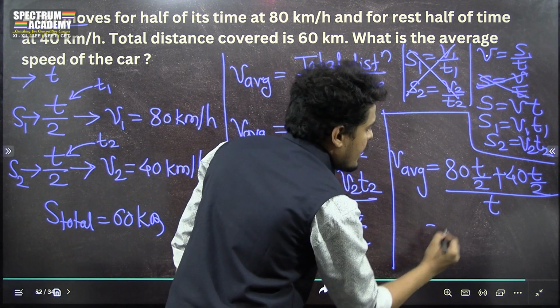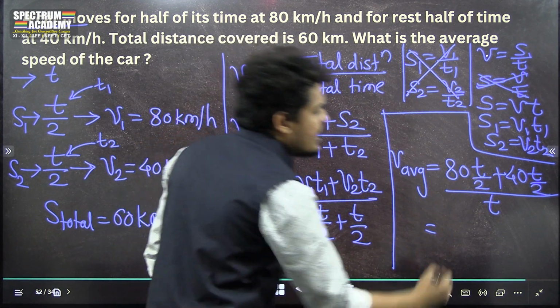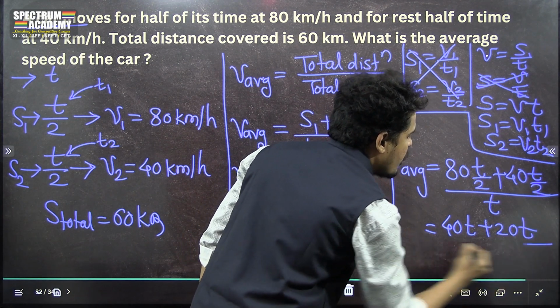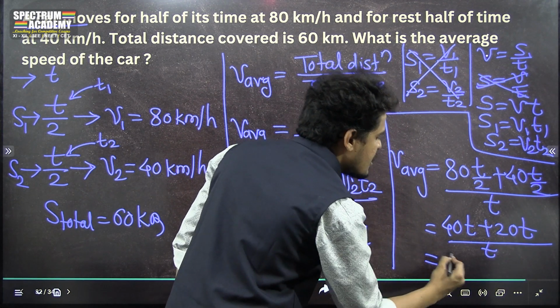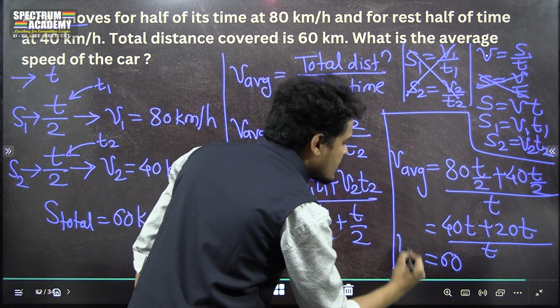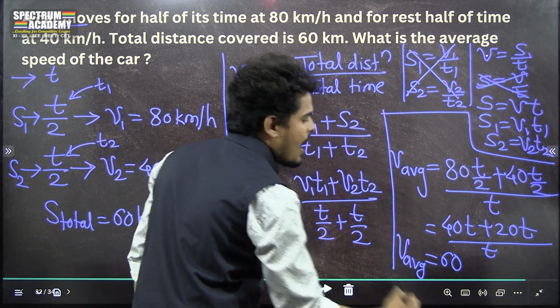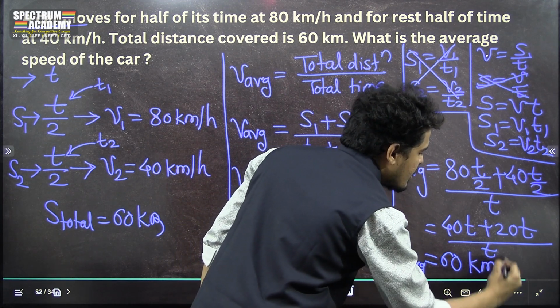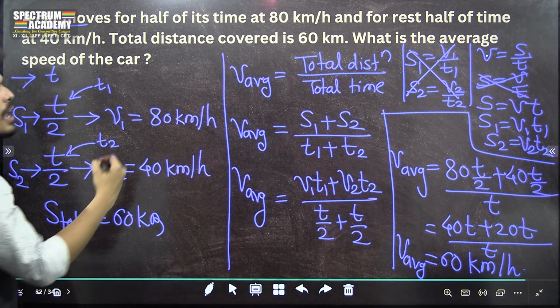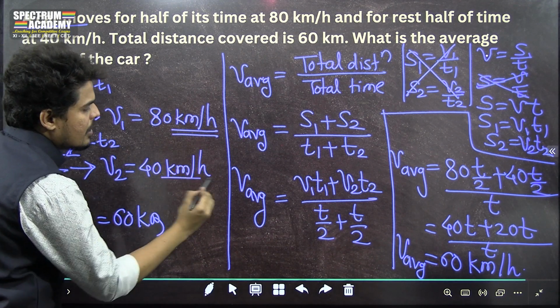Then 80 divided by 2 is 40t plus 20t upon t, then 60t upon t, t and t get cancelled. So the average speed of the car is 60 km per hour because v1 and v2 are given in kilometer per hour.